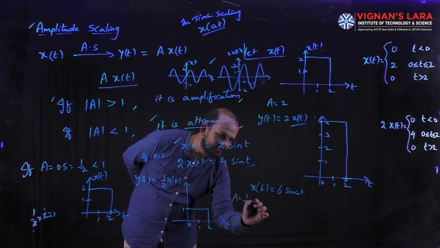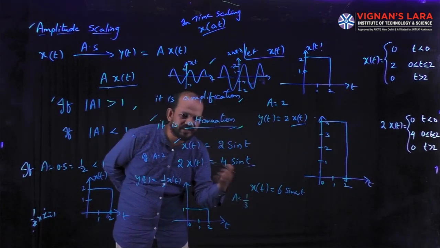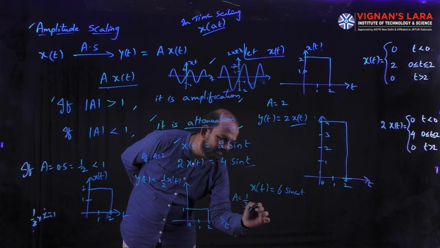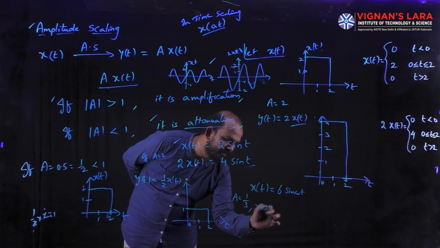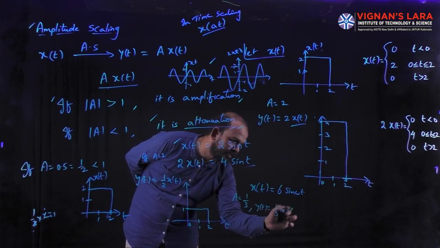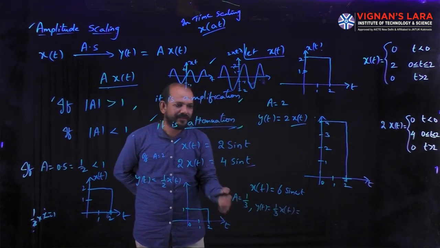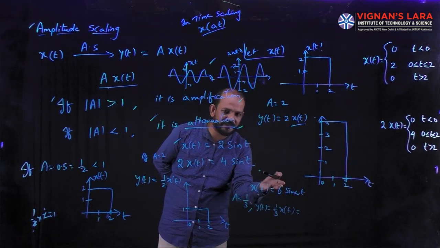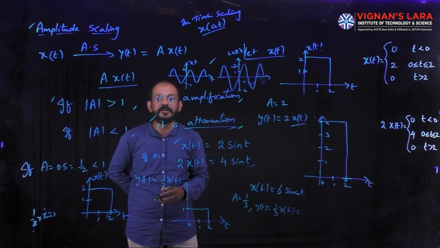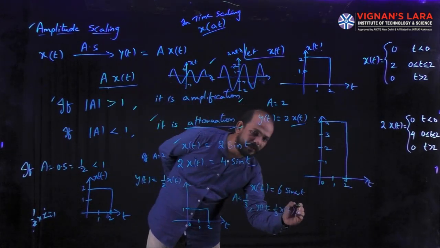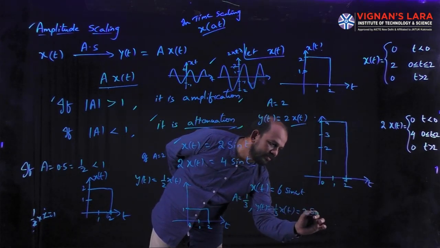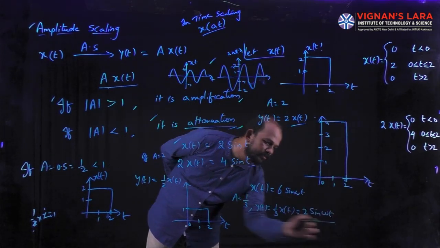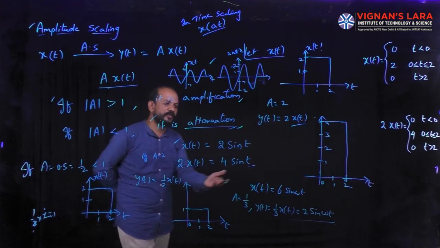Now, the amplitude scaling version, that is y of t, is equal to 1 by 3 into x of t. So I have to multiply the amplitude of the signal with the constant. The constant is 1 by 3. So 1 by 3 into 6 is 6 by 3, that is nothing but 2. 2 sine omega t. So in this way also you can write.